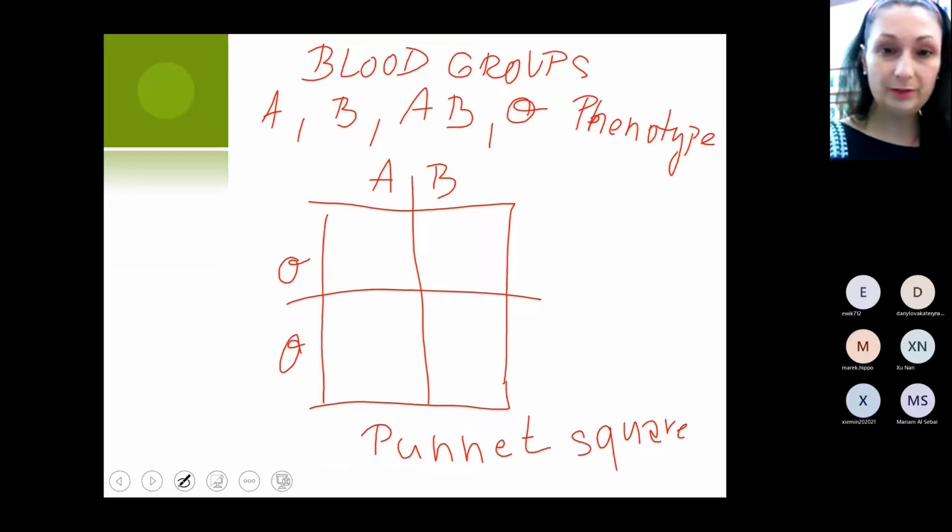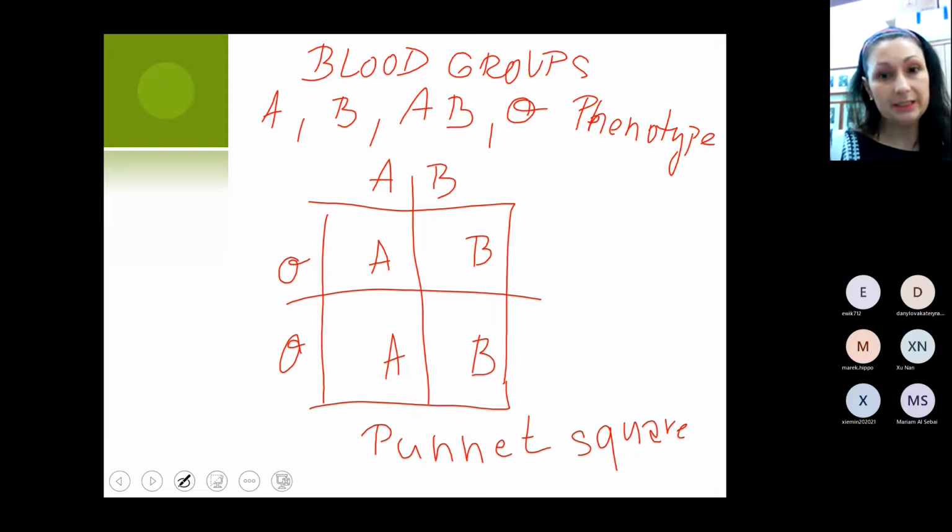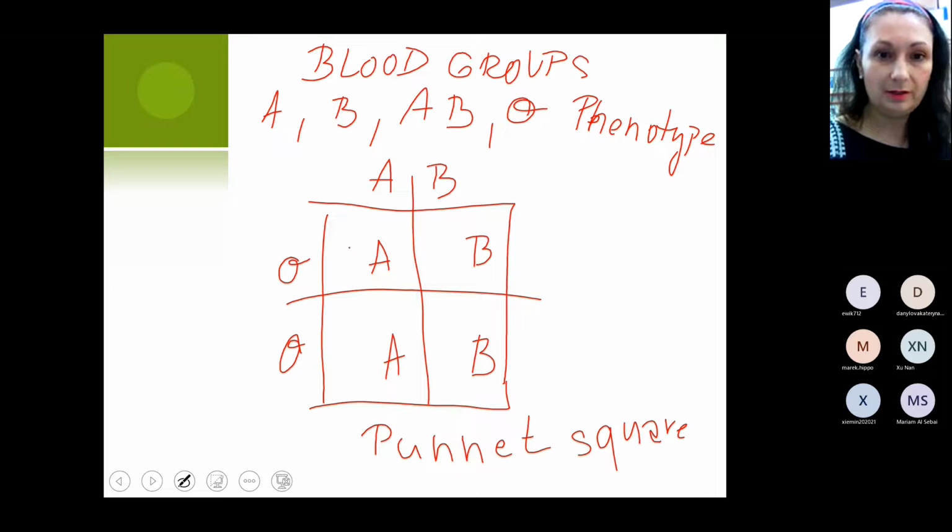So the sperms created from your father will be A or B, two groups of sperms. Your mother can produce eggs only with allele 0.